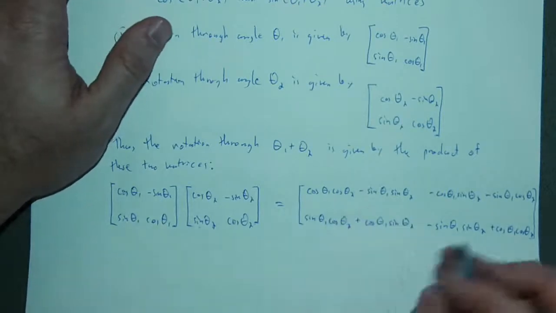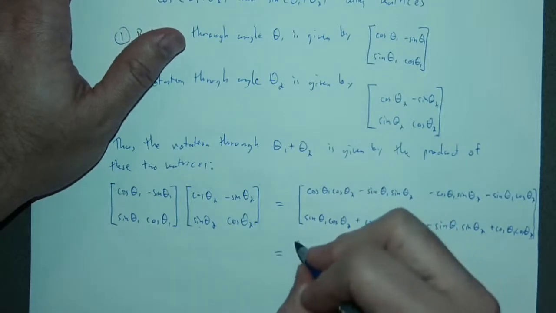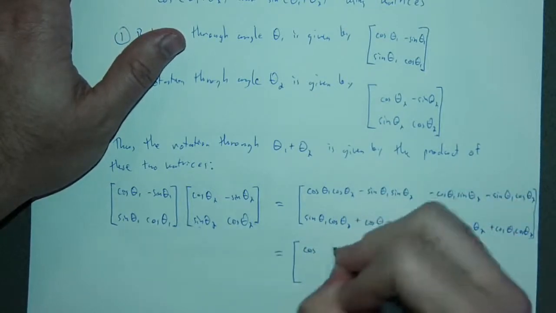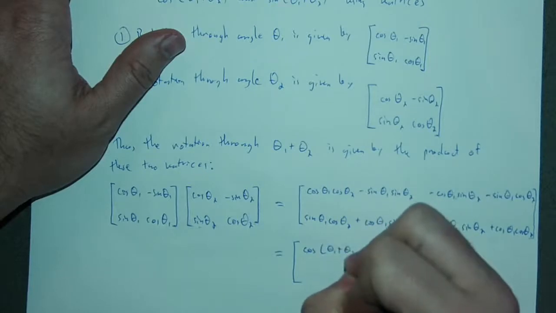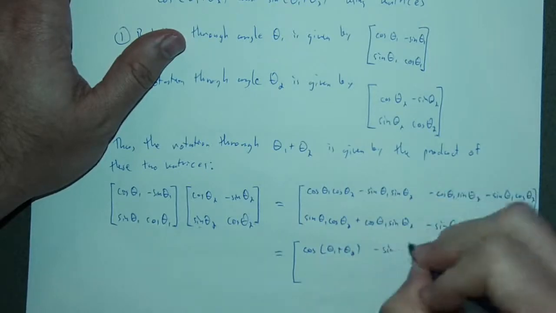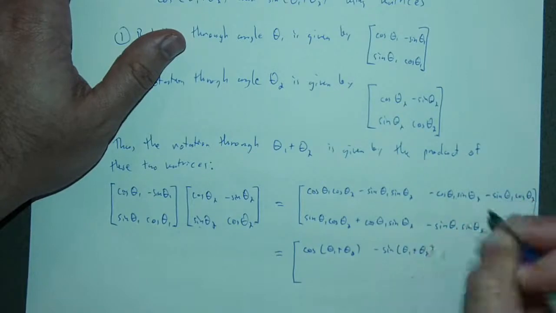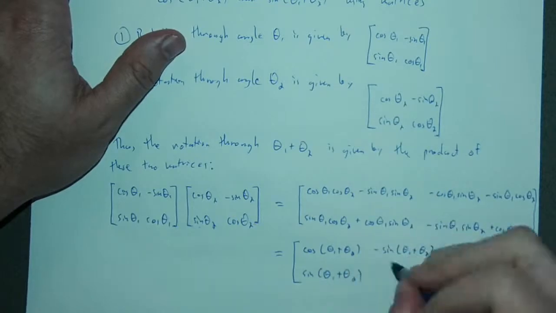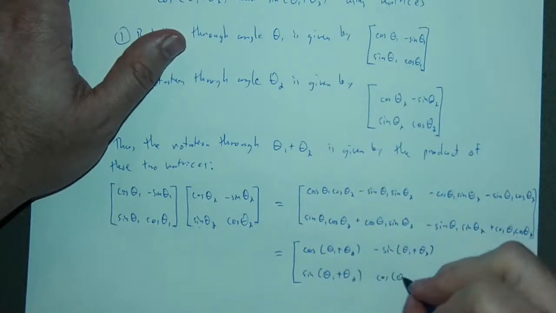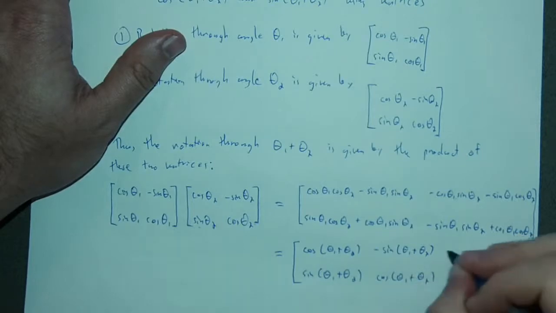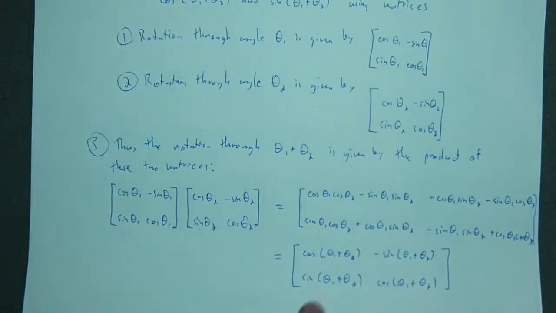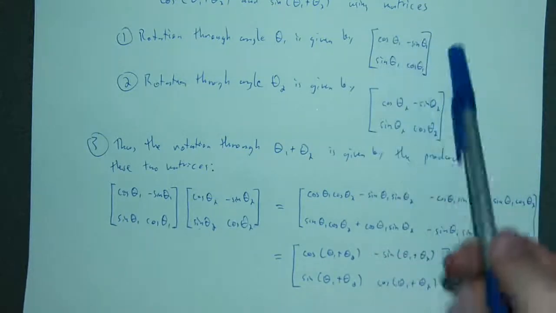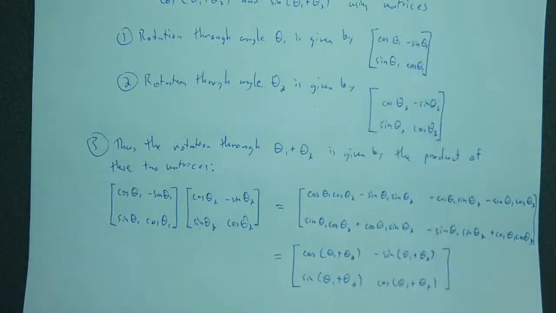It also must be given by the basic matrix cosine of theta 1 plus theta 2, minus sine of theta 1 plus theta 2, sine of theta 1 plus theta 2, and cosine of theta 1 plus theta 2. Why? Well, this comes from the fact that we've seen that a rotation through an angle theta is given by this matrix involving cosine, minus sine, sine, and cosine. So the same thing must be true for these.